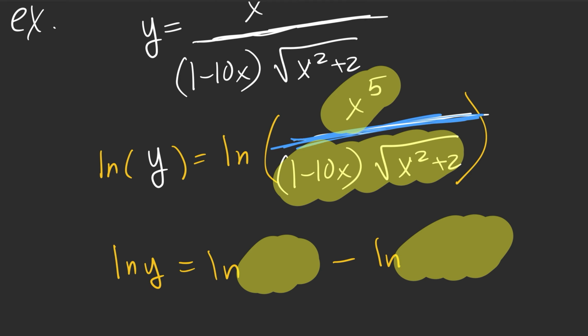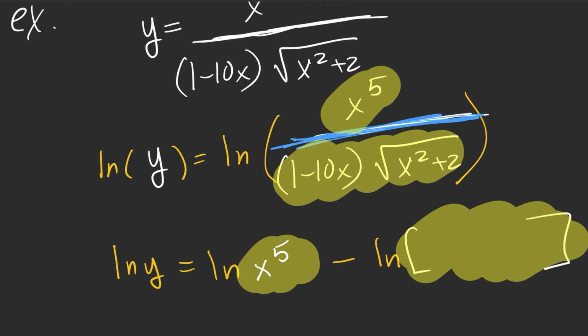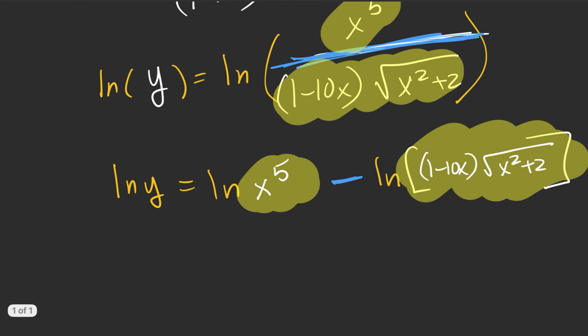So it's the natural log of x to the fifth minus the natural log of something a little bit bigger. It's actually the natural log of 1 minus 10x times the square root of x squared plus 2. Got it? So the natural log of a quotient is the difference of two logs.